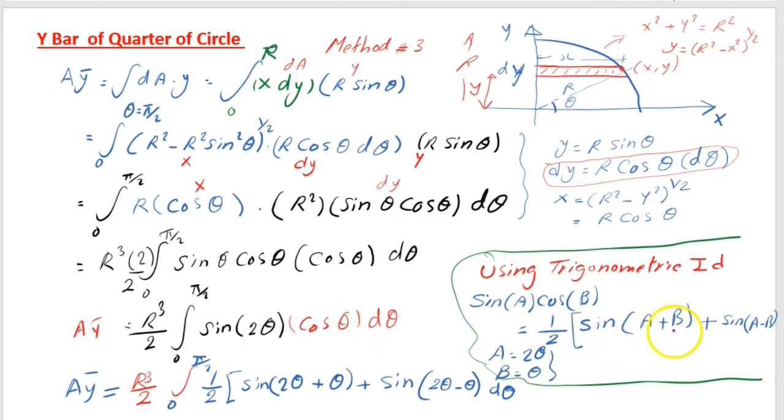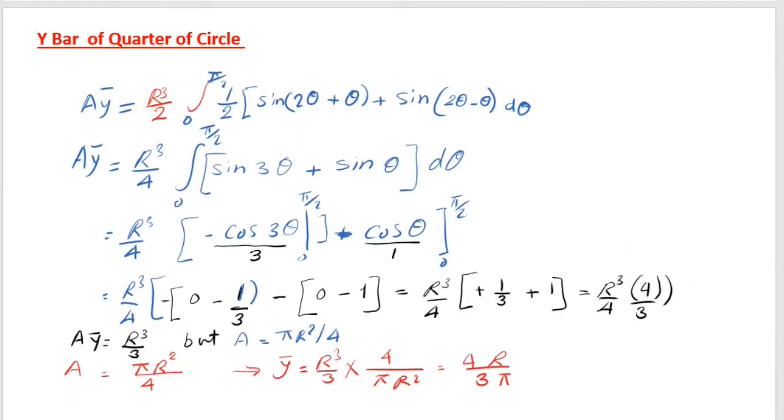So sine A plus B will be sine 3 theta, while sine A minus B will be sine theta. So back to our expression, A y bar equals r to the power of 3 over 2, integration from 0 to pi over 2, of 1 over 2 times sine 3 theta plus sine theta d theta.